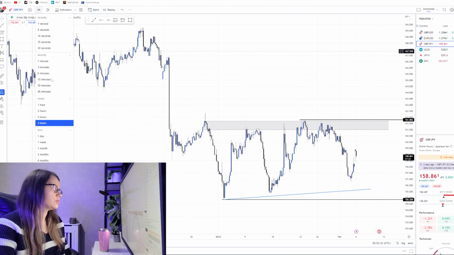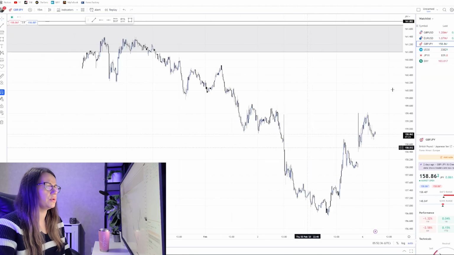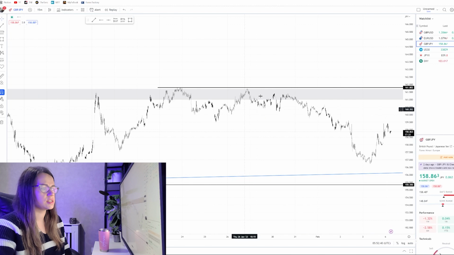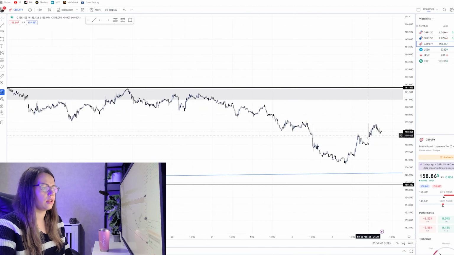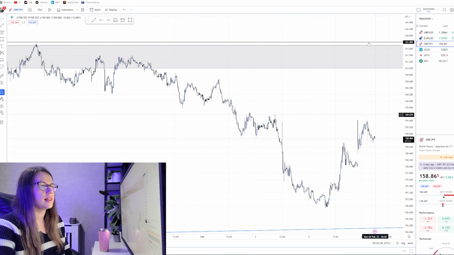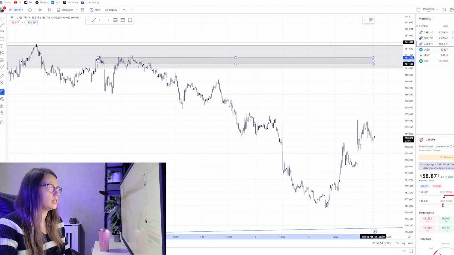Then I just move to 15 minutes and see where we are. We're quite far away, and there's nothing really where I could say we have a setup right now. So this is the 4 hour zone, and in 15 minutes I could see there was another zone in here.